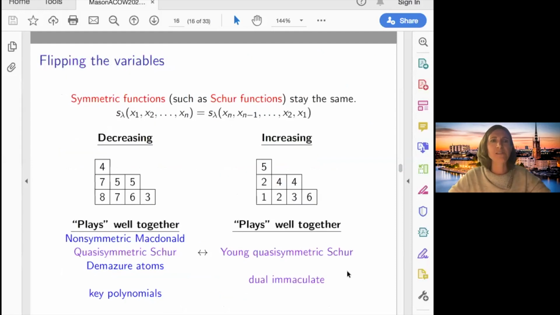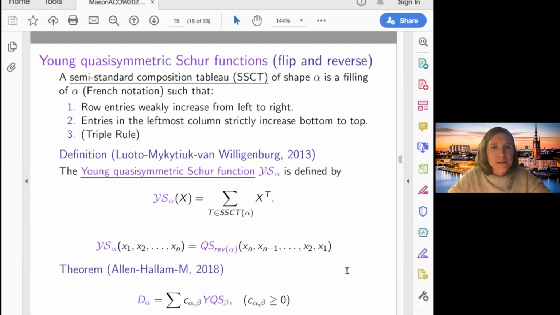Okay, so let's say a few words about this flipping and reversing. I didn't say much about this over here, but let me back up. To get between the Young quasi-symmetric Schurs and the quasi-symmetric Schurs, you replace x1 with xn, x2 with xn minus 1, and so on, and then you reverse your composition, meaning you write the last entry first, and so on.